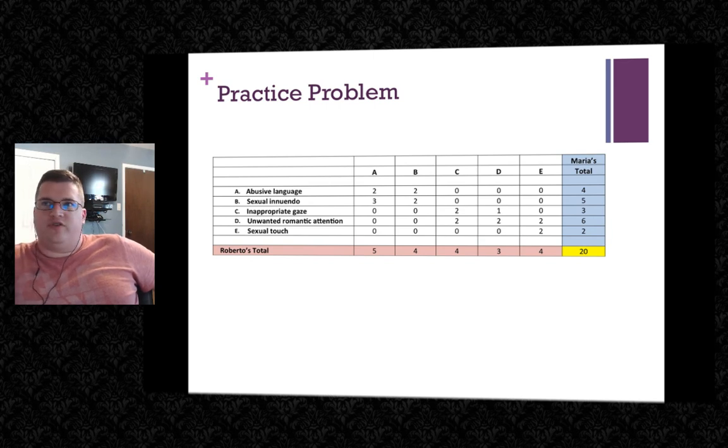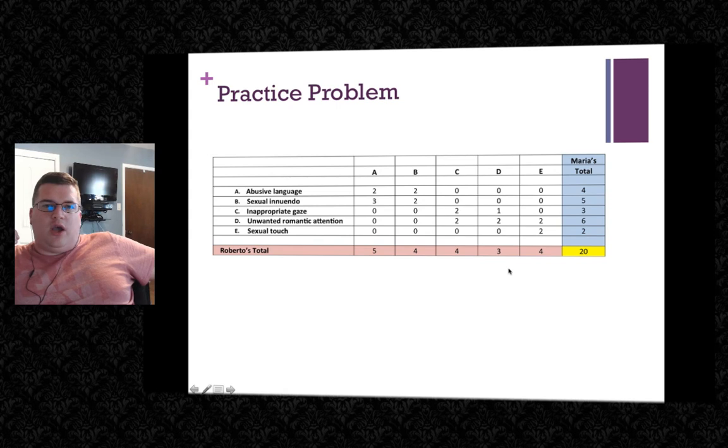So if one person found 20 and the other person found 25, they go, hey, look, intercoder reliability, life is good. Well, in this particular case, this is actually not a very good content analysis. We see very similar numbers, but in very different categories across the board.